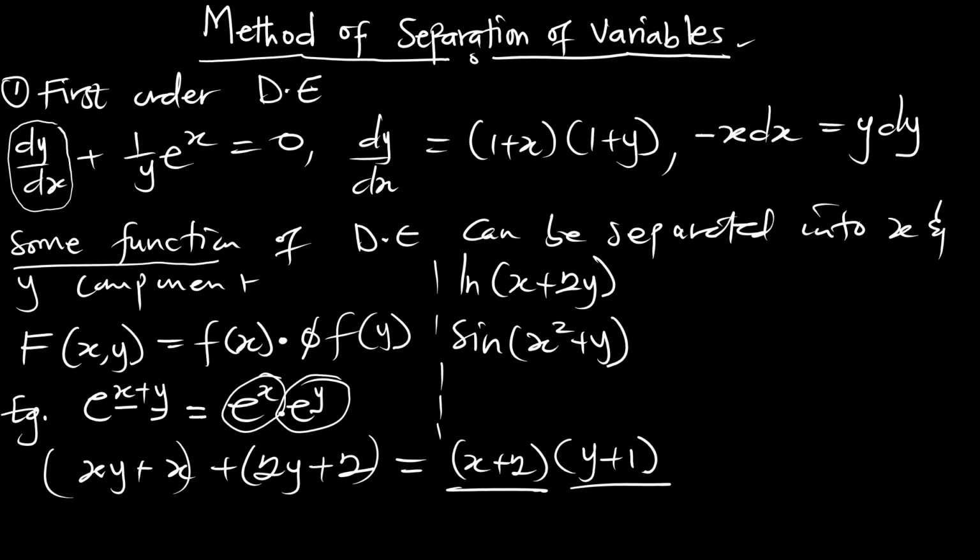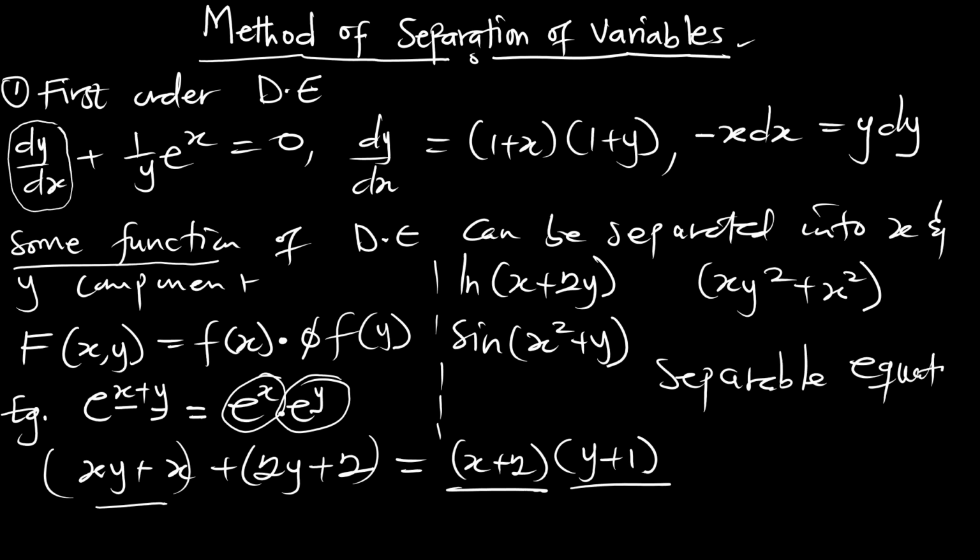Something like xy squared plus x squared, we cannot do a separation, right? Okay, so this method can be used, and such equations that can be separated are also called separable equations. Please understand this very soon. Separable equations.